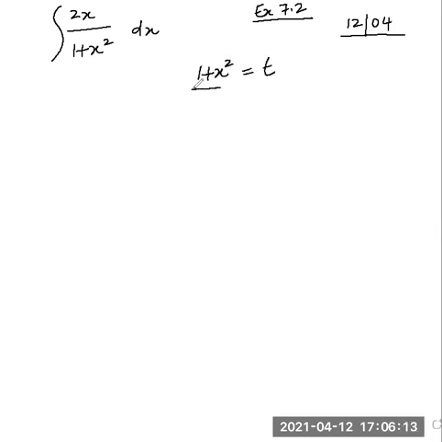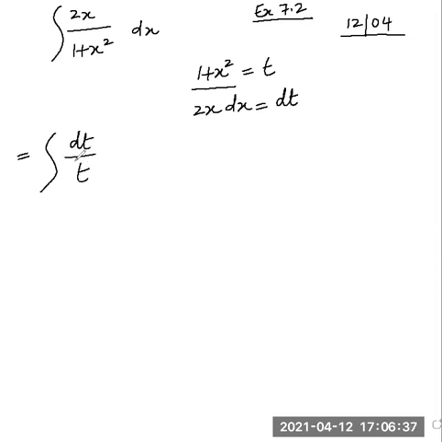Now what is the differentiation of this? 2x dx is equal to dt. So this becomes dt by t.